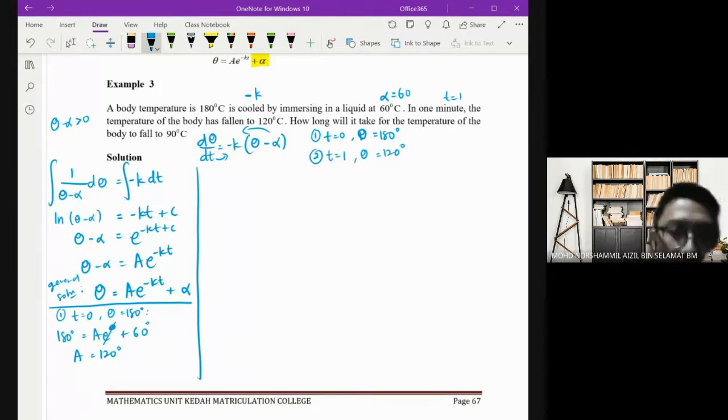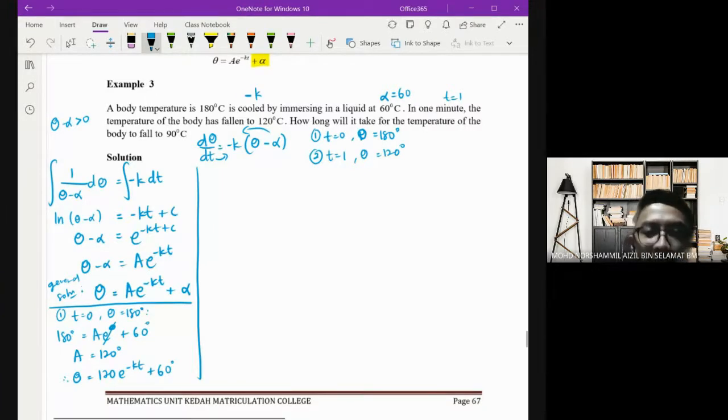Therefore, our new equation will be theta equals to 120 exponential to the power of minus kt plus 60. This is our new, still general solution. Why? We still have constant, which is k.